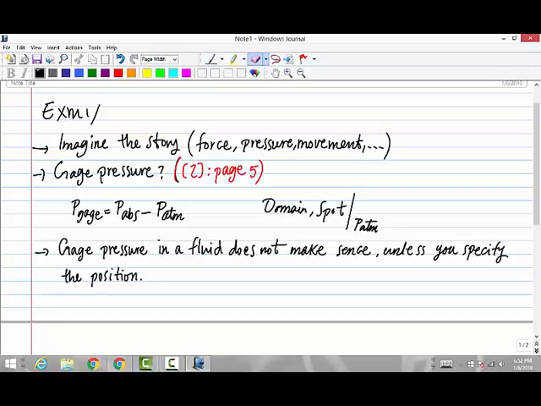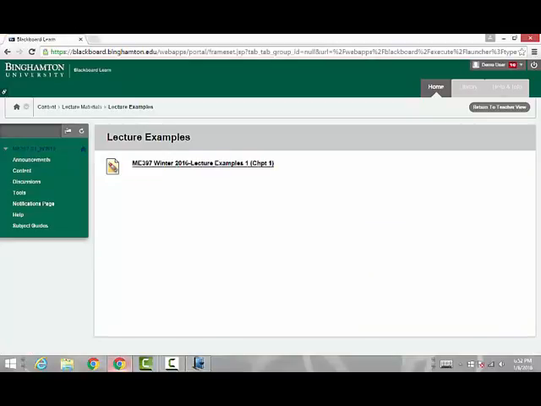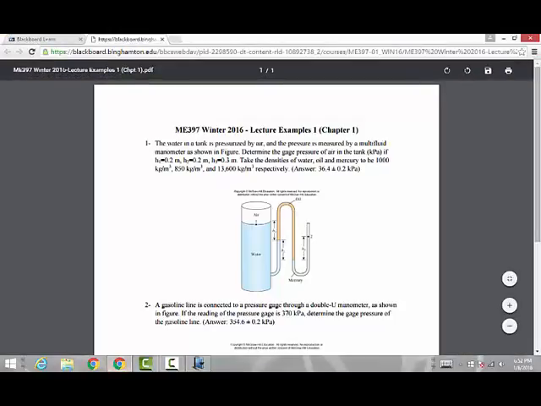Why? Because we know that in the air, for example up above the water, everywhere in the air the pressure is the same, right? There's no hydraulic pressure. On these points the pressure is all the same, and you can define a gauge pressure in the air.